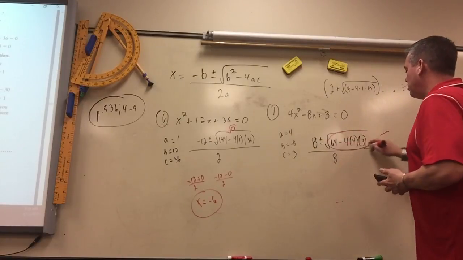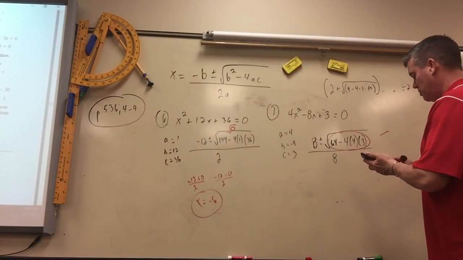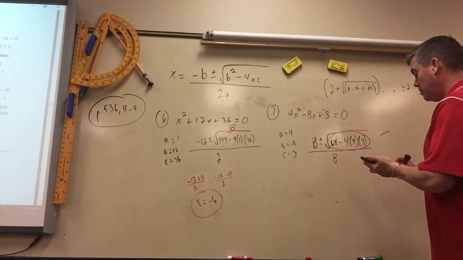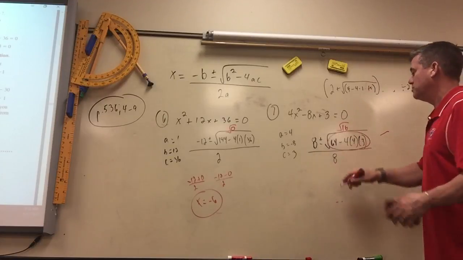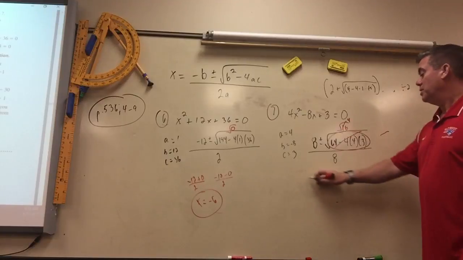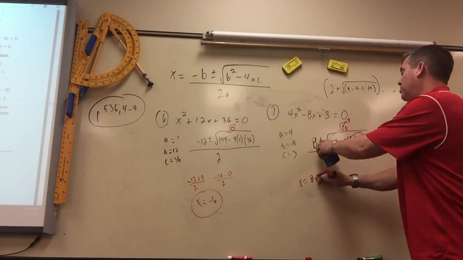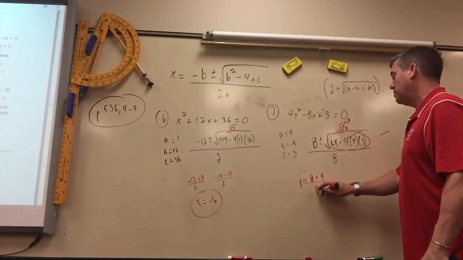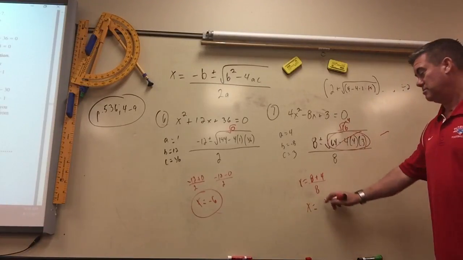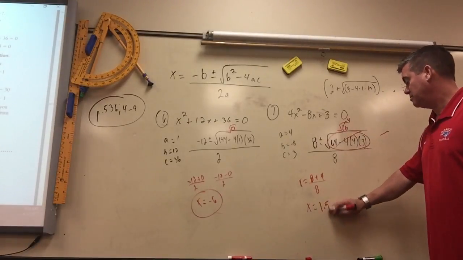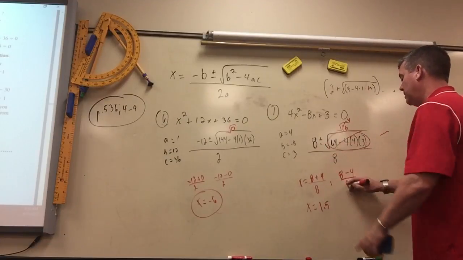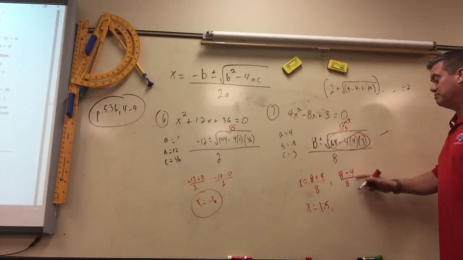So if we figure this out, we get 16. 64 minus 4 times 4 times 3 is 16, which is 4. So my two answers are 8 plus 4 divided by 8, 12 divided by 8, 1.5. And then 8 minus 4 divided by 8, 0.5.